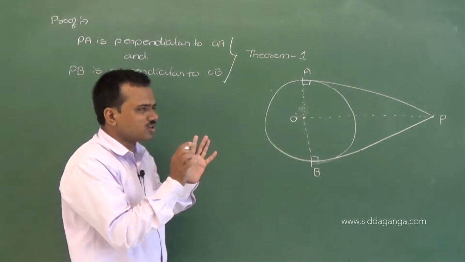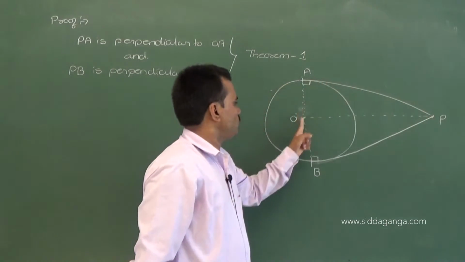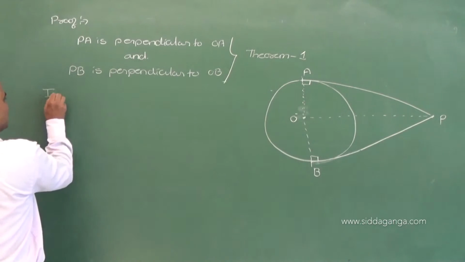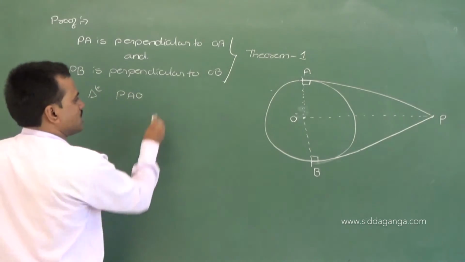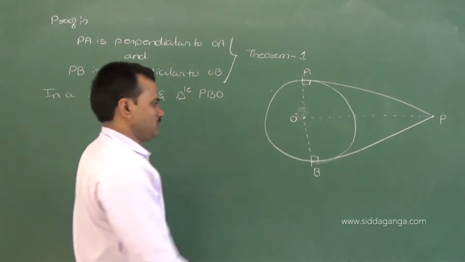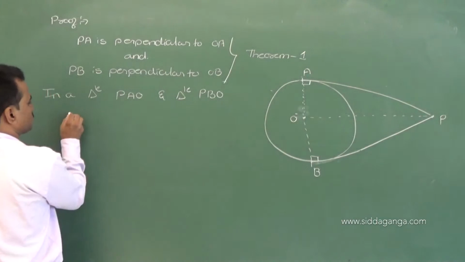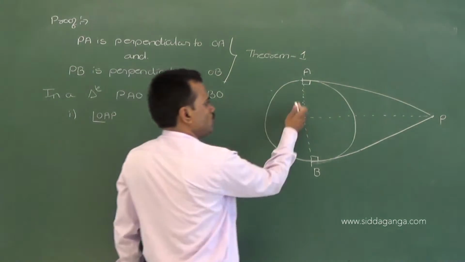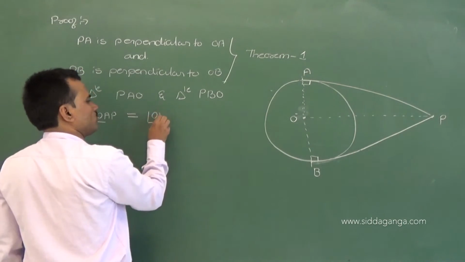Next, observe the diagram very carefully. Here there are two triangles: PAO and PBO. In triangle PAO and triangle PBO, first one, angle OAP is equal to angle OBP.